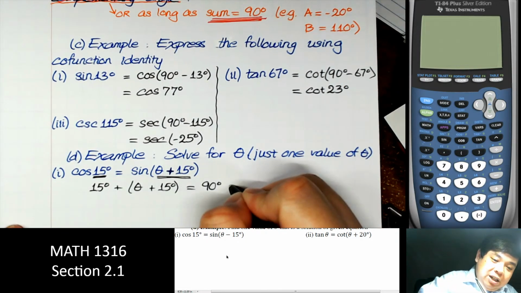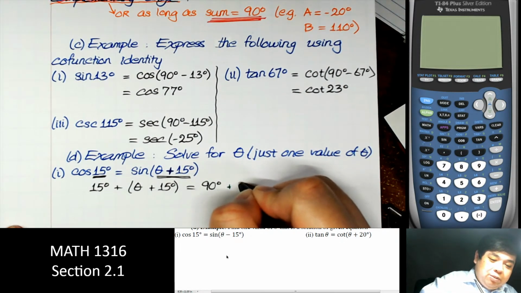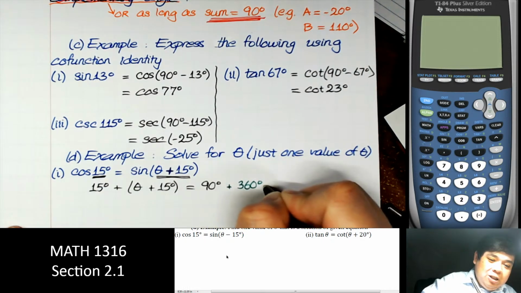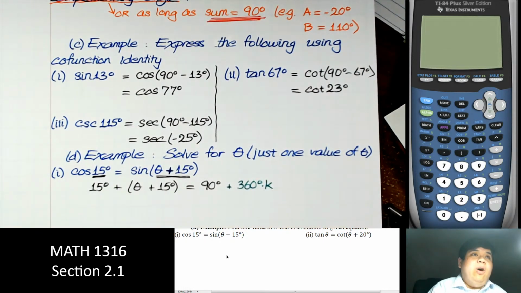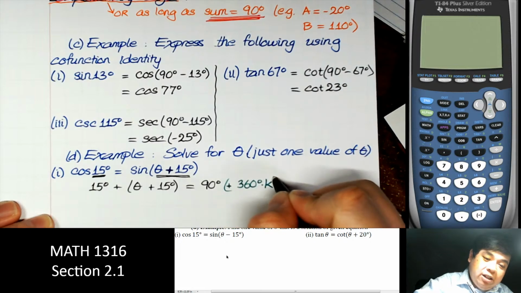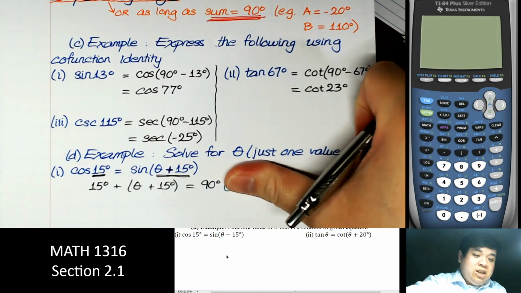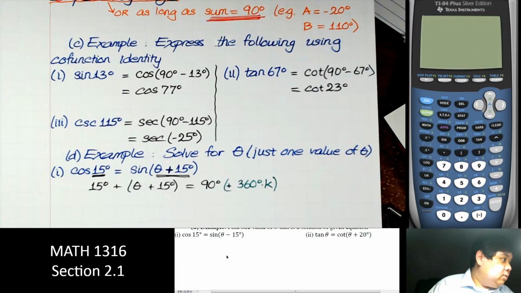We can always add coterminal angles, that's still fine, but since you only need to find one value, we do not have to add the 360 degrees. I hope that answers your question. So instead of adding to 90 degrees, they can add up to 450 degrees. That still works.